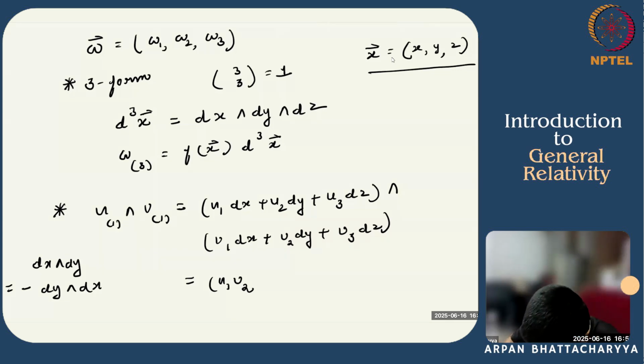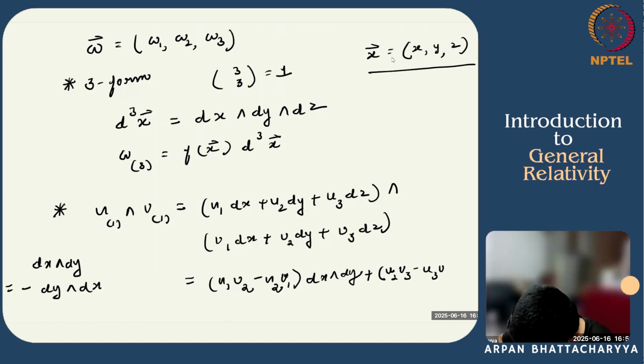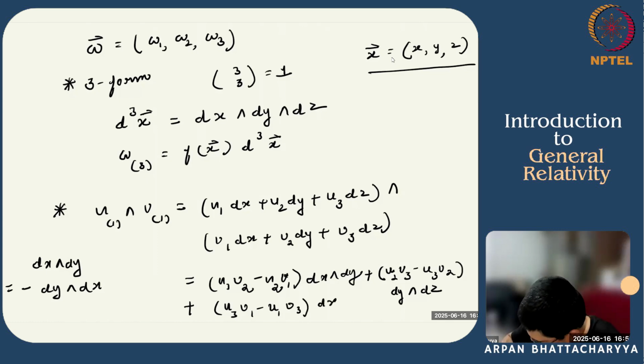So you will get the following: u1 v2 minus u2 v1 with dx wedge dy, and you have u2 v3 minus u3 v2 with dy wedge dz, plus u3 v1 minus u1 v3 with dz wedge dx.